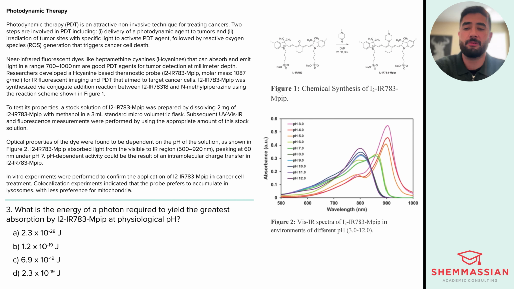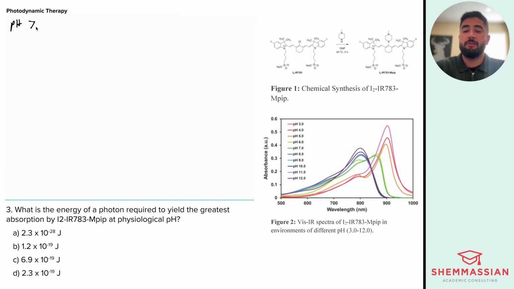So when we're solving this question, we should keep in mind that it told us in the passage that at around a pH of 7, there is a peak at 860 nanometers. And so that's where that maximal absorbance is coming from. So if we have a photon that yields a maximal absorbance, that would require that specific wavelength. That wavelength was 860 nanometers.